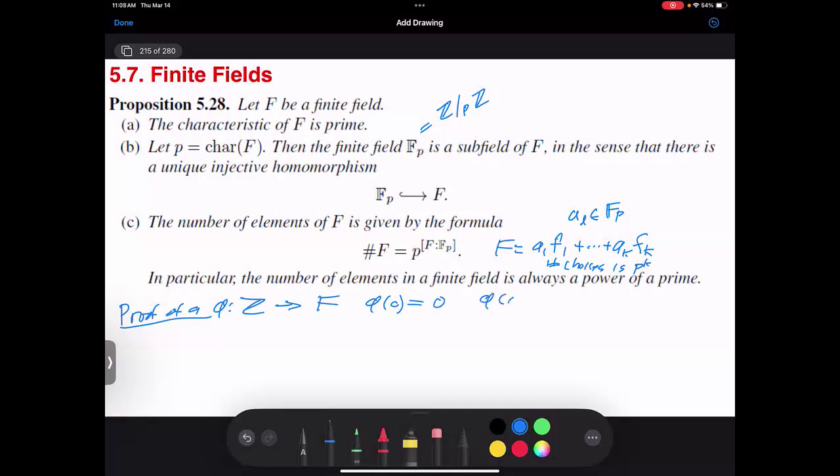What do we have to send 1 to? 1. And so now the question becomes, as we keep going, eventually something has to be sent back to 0. Right? There should be some smallest number that's sent to 0.